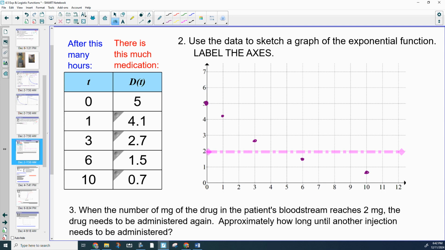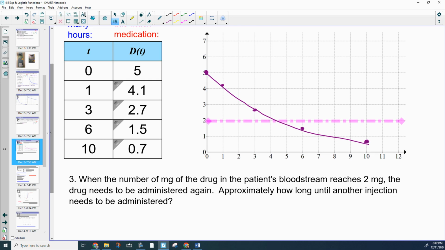So if we connect those dots, we get something like that. So now the question is, when does the patient need more medicine? Well, according to this, at 2 milligrams, the patient needs another dose.